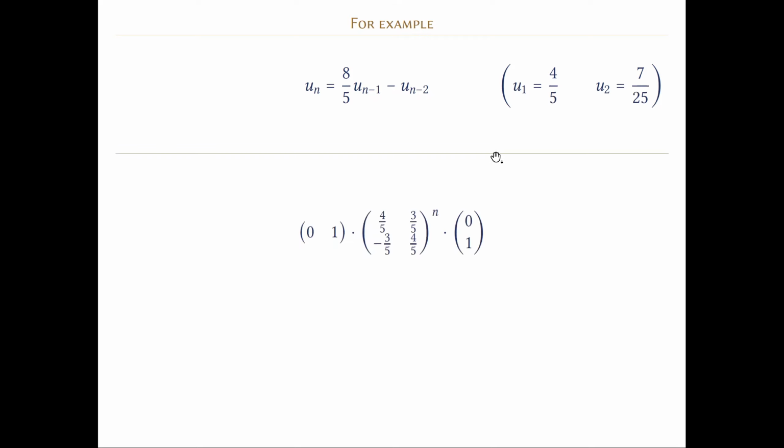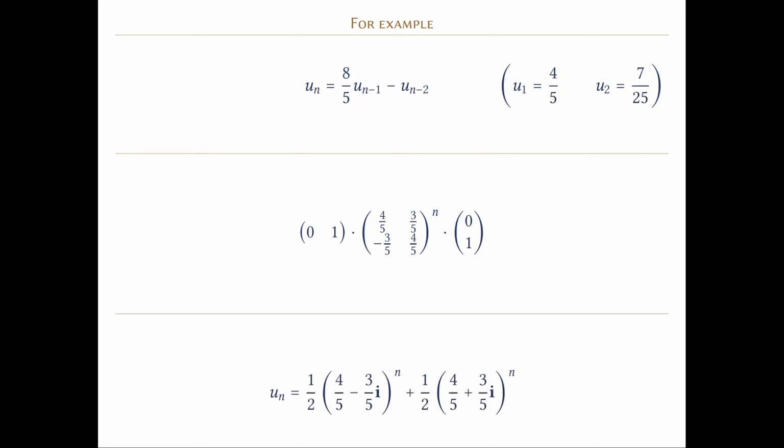The equivalent in the matrix powering form would be this, and in the powers of algebraic numbers sum form, we have lambda 1 equal to this number, which is non-real complex, lambda 2 equal to this, and two coefficients, both of which are equal to a half.